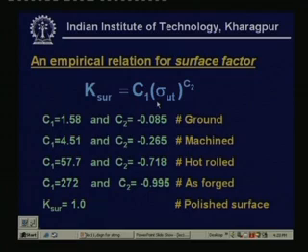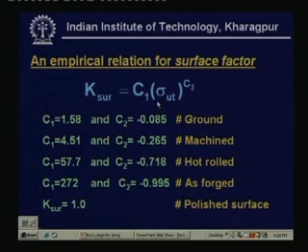One such set of conditions, if we just read out: C1 is 1.58 and C2 is minus 0.085 for the ground surface; C1 is 4.51 and C2 equals minus 0.265 for a machined surface; C1 equals 57.7 and C2 equals minus 0.718 for a hot rolled material; and C1 equals 272 and C2 equals minus 0.995 for as forced.